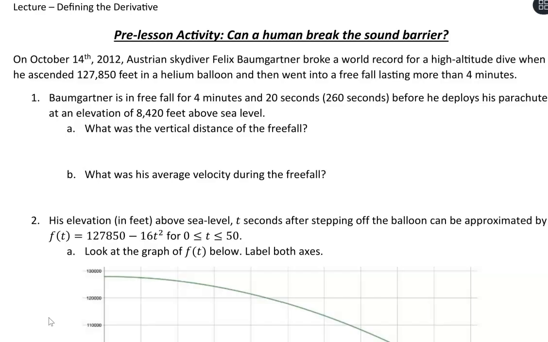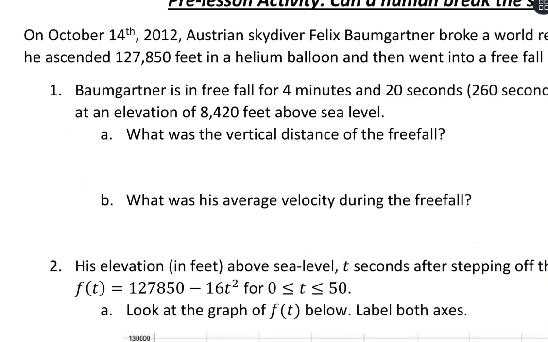So in terms of the vertical distance covered, we started at 127,850 feet and then opened up the parachute at 8,420 feet. So that would be a total of 119,430 feet.